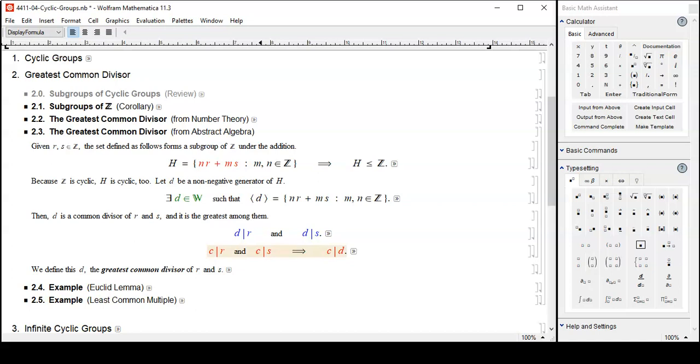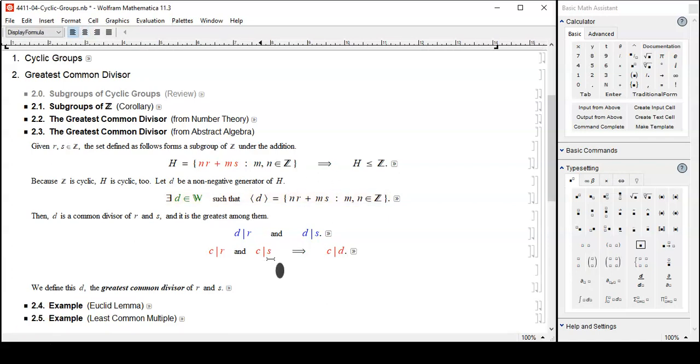How to do that? Well, please note that D belongs to the set H. So D generates everything in H, but also D belongs to the set H as well. So you can rewrite it as NR plus MS form.